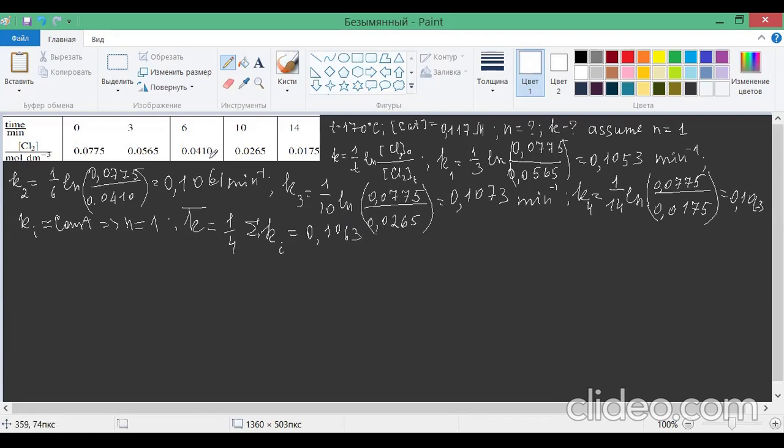We got four numbers, four digits after the point. That's why we round off this value the same way.